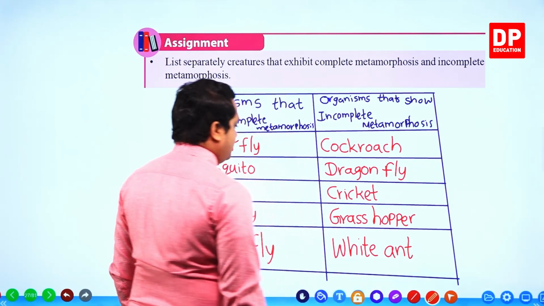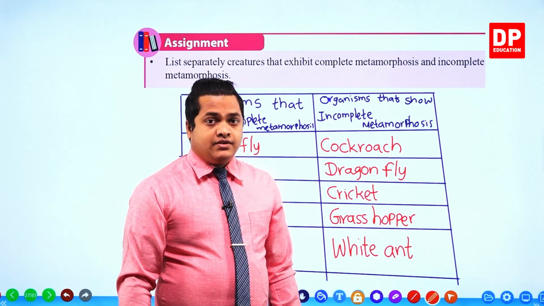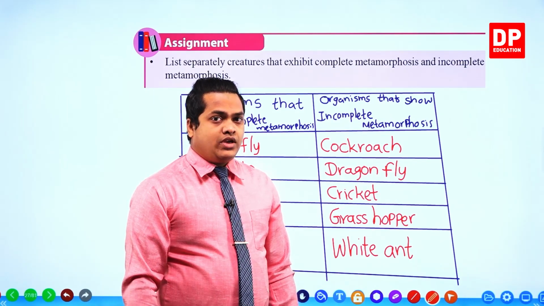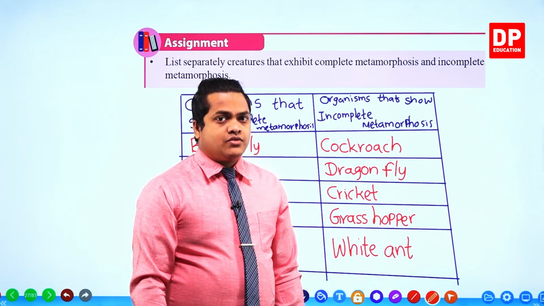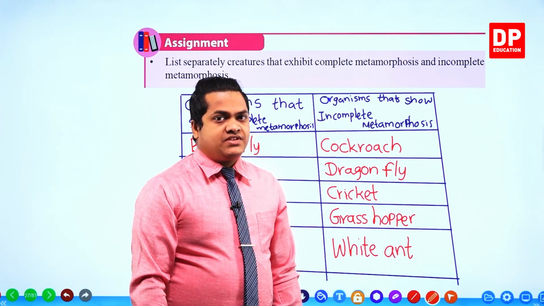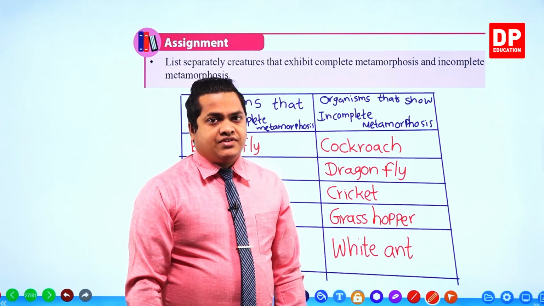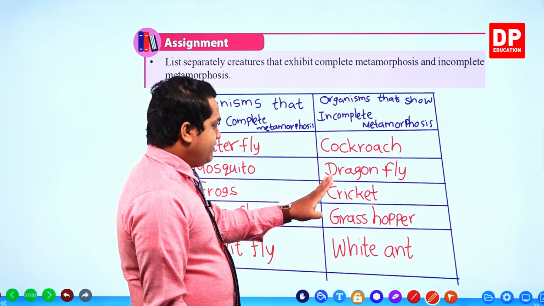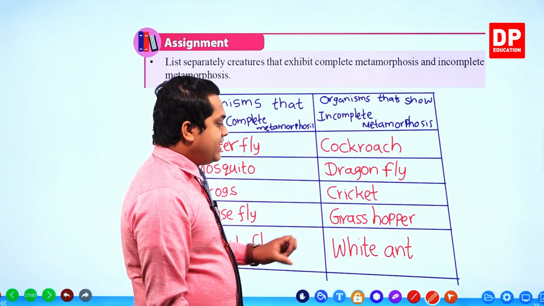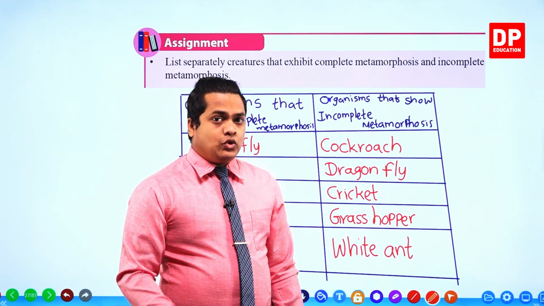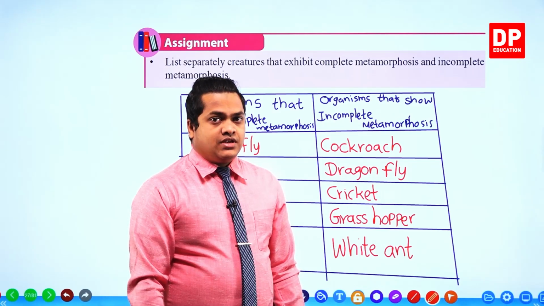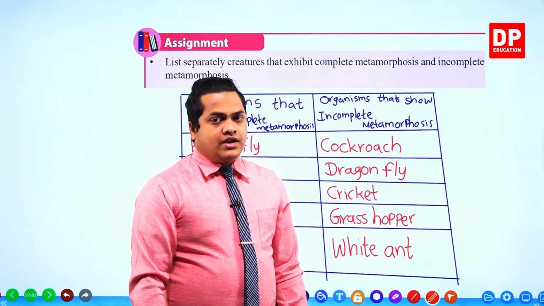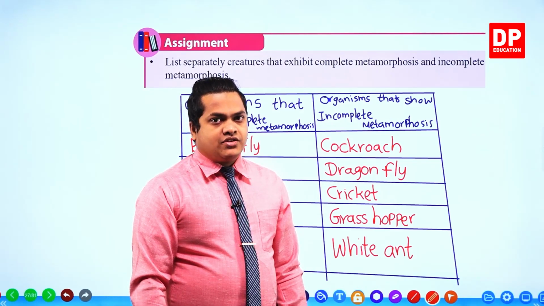In the earlier lesson part, when we were discussing that activity to identify the significant changes, we identified that the white ant also shows incomplete metamorphosis, as there are no significant changes within the life cycle of the white ant. Okay, so cockroach, dragonfly, cricket, grasshopper and white ant, these organisms do not show complete metamorphosis. They undergo incomplete metamorphosis, my dear children.